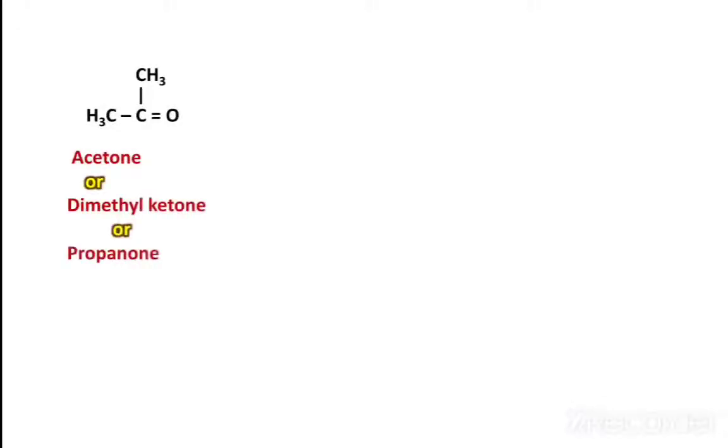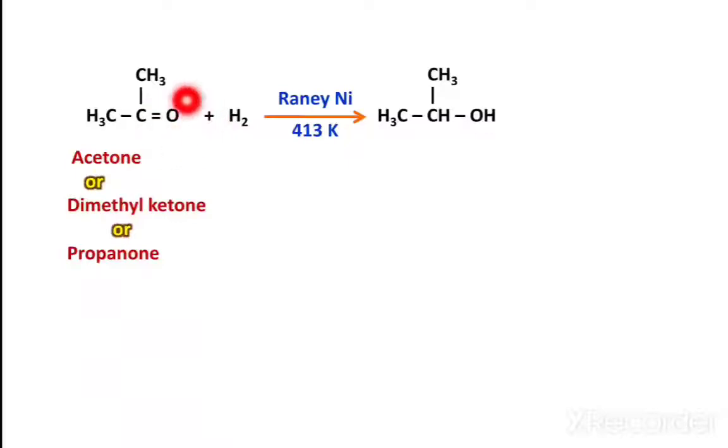Okay. Now the next, suppose we take a ketone, the best example is acetone, called dimethyl ketone or propanone, plus H2 in presence of nickel at 413 Kelvin. Here the ketone undergoes reduction, and we know that if we reduce a ketone, we get a secondary alcohol.